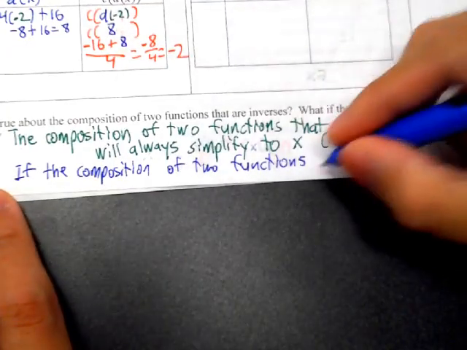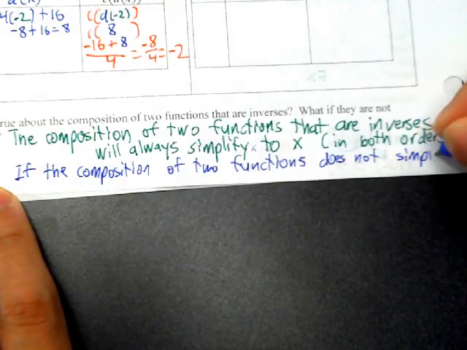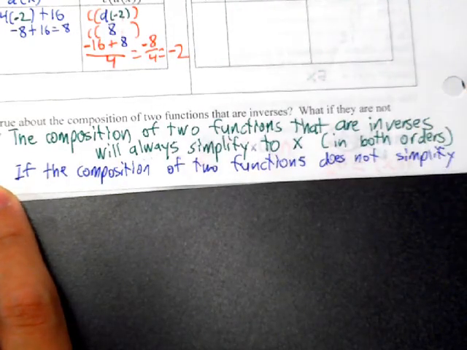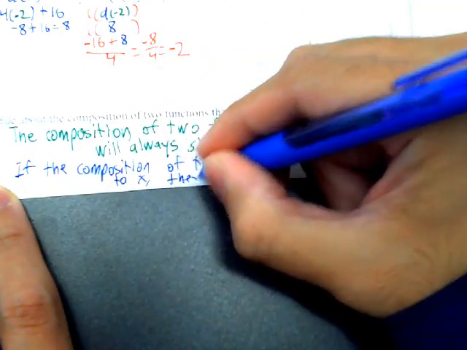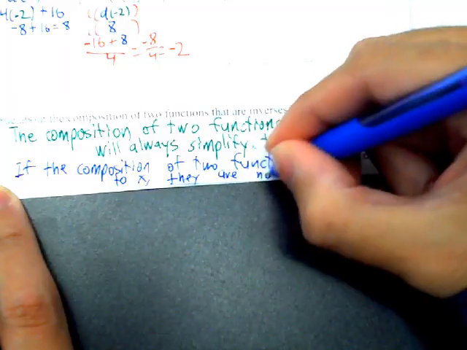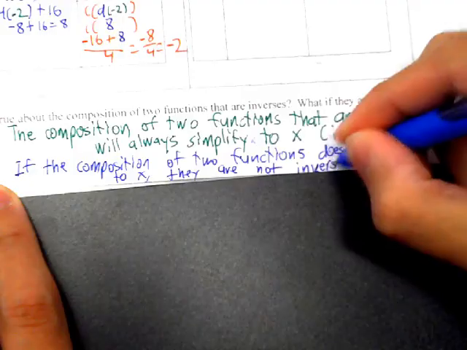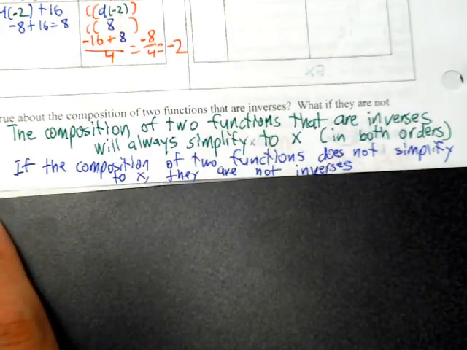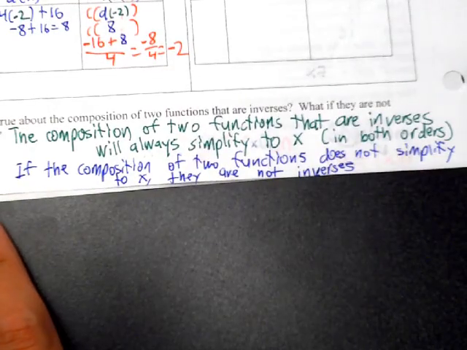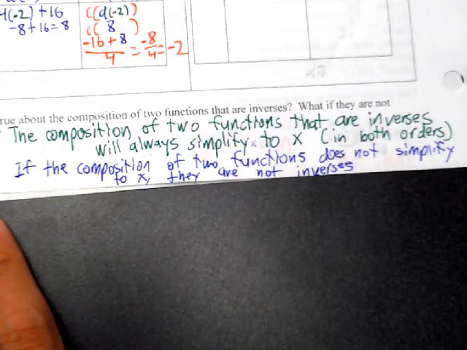That means that they are not inverses. This is how we'll be checking if functions are inverses or not. We do the composition of them. If the functions simplify to x in both orders, that means that yes, they are inverses. But if the composition leads to anything except for x, that means that the two functions were not inverses.